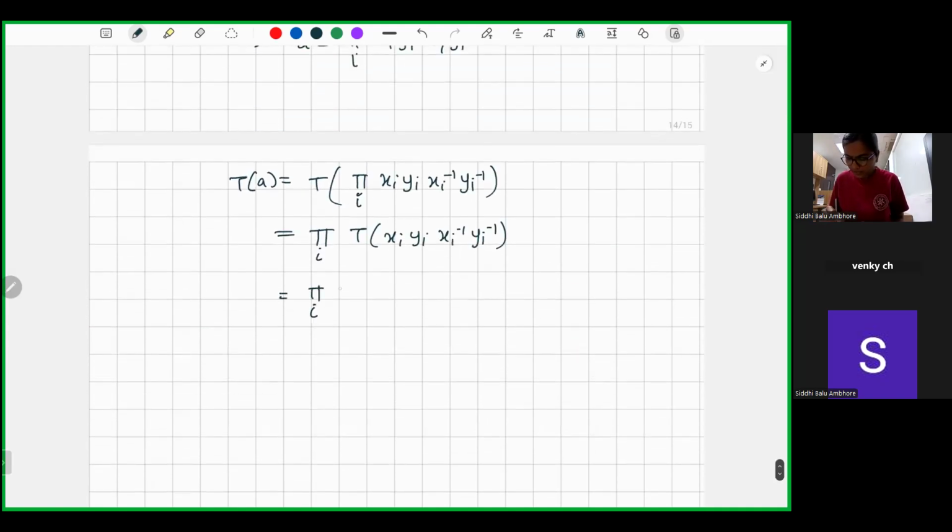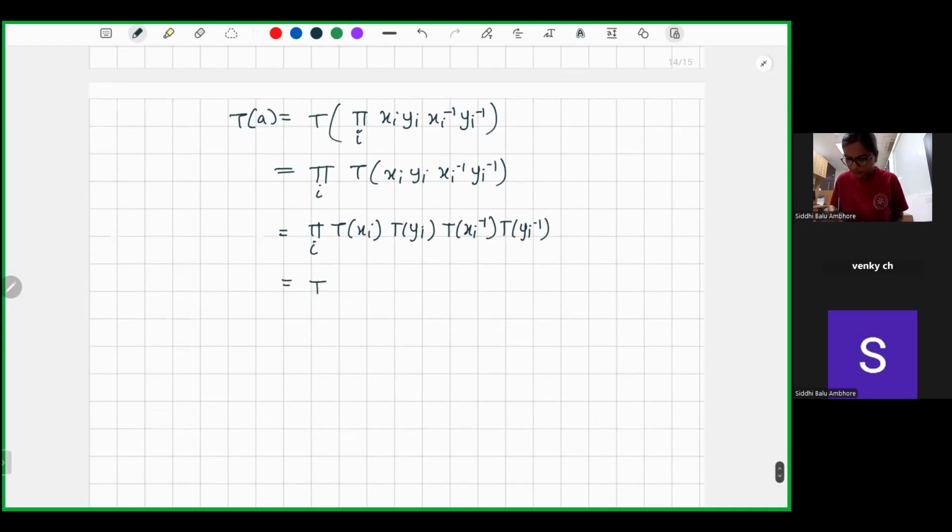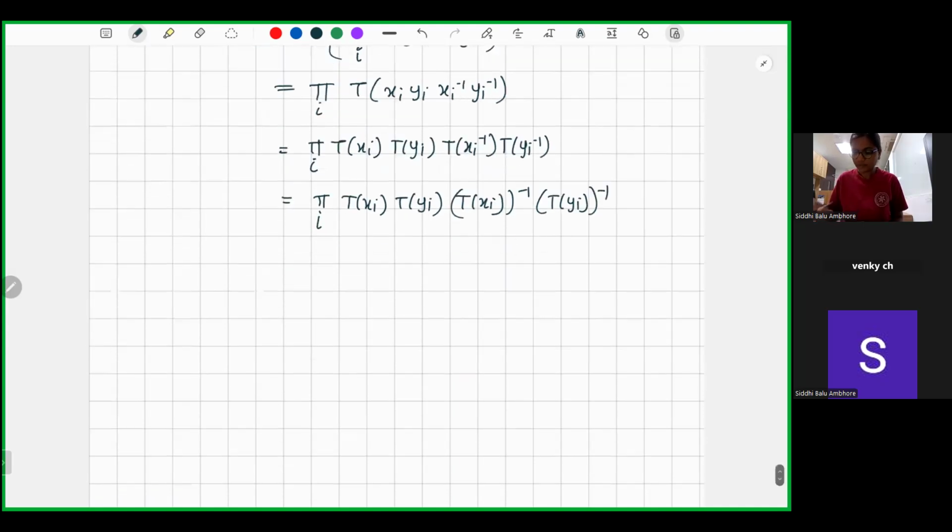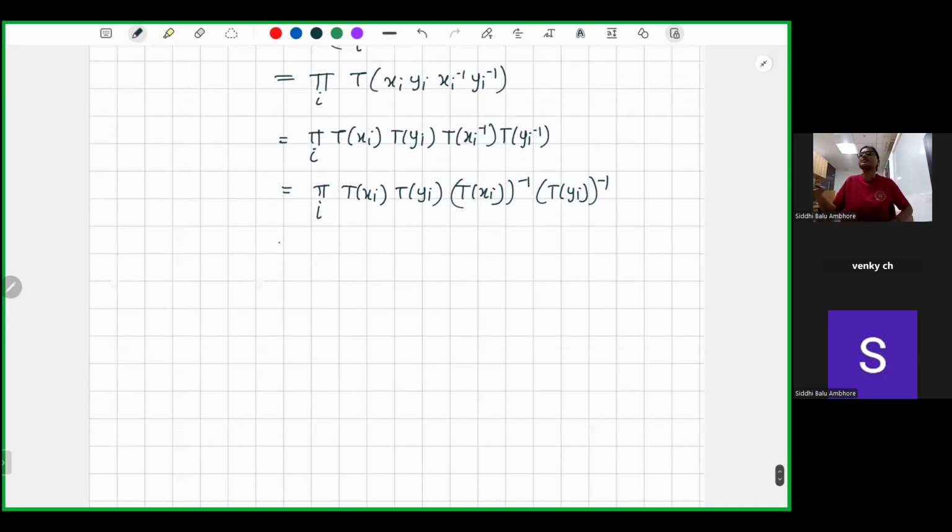And this is the product over i of T of Xi, T of Yi, T of Xi inverse, T of Yi inverse. And this is the product over i of T of Xi, T of Yi, T of Xi whole inverse, and T of Yi whole inverse. And since T is an automorphism, this again belongs to ZG, if you notice.